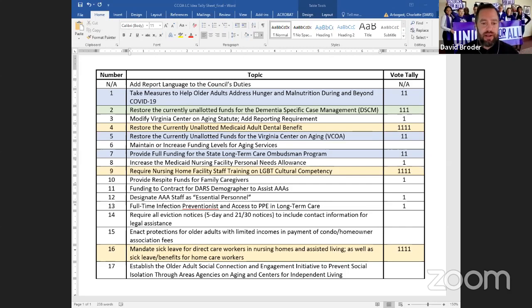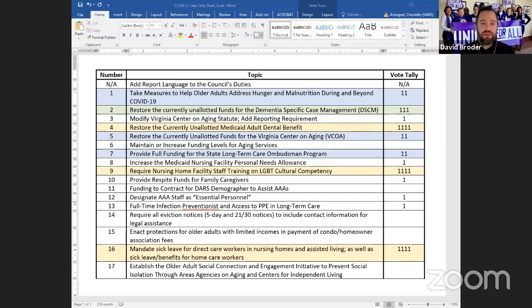Yesterday, Senator Favola's paid sick days bill died in the Senate Commerce and Labor Committee. I think House leaders were very quick to say that it is still their intention to pass this bill. And folks talked about obviously the need for it. I don't think I need to convince anyone here that we need to make sure that direct care workers, whether they're in facilities or in home and community-based settings, need sick days.